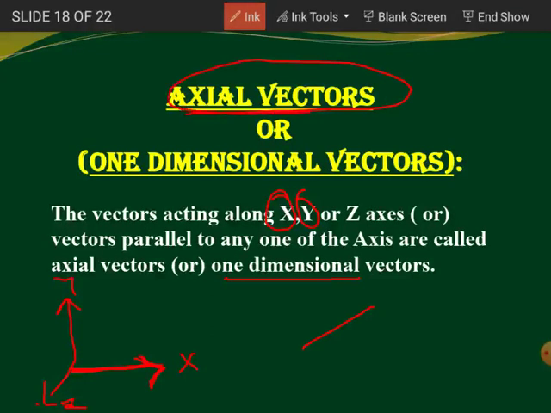Got it? So it may be an x vector, or it may be along y, that we call a y vector, or it may be along z, called a z vector, like that.